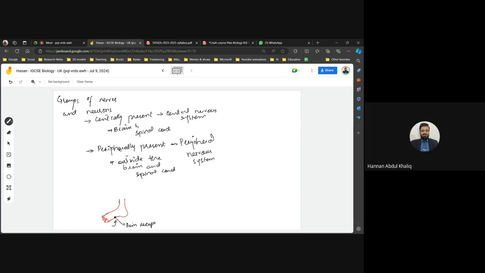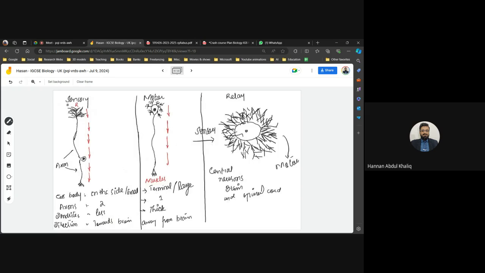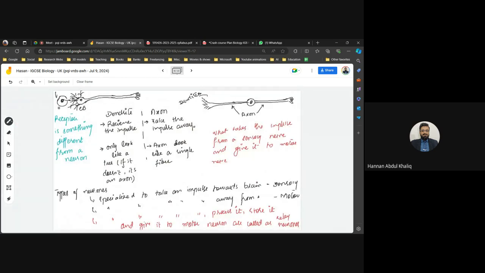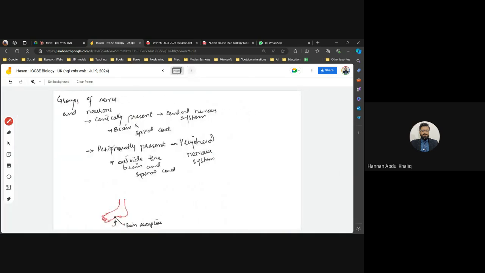As I said, the receptors are always present very close to the sensory neurons. Why? Because they are just like a switchboard and wire. So this is a receptor, and very close to it you will find the dendrites of the sensory neuron. The sensory neuron would take it all the way to the spinal cord.